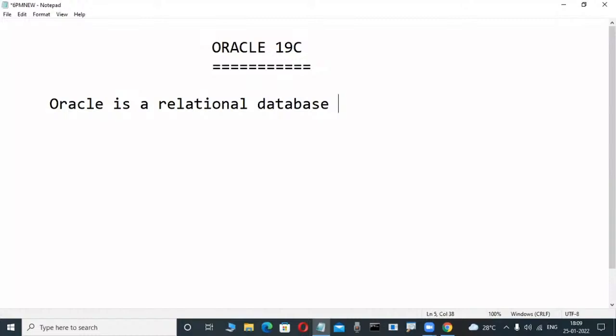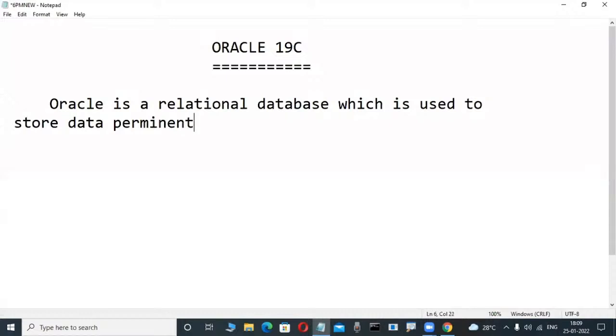A relational database is used to store data permanently in secondary storage devices.